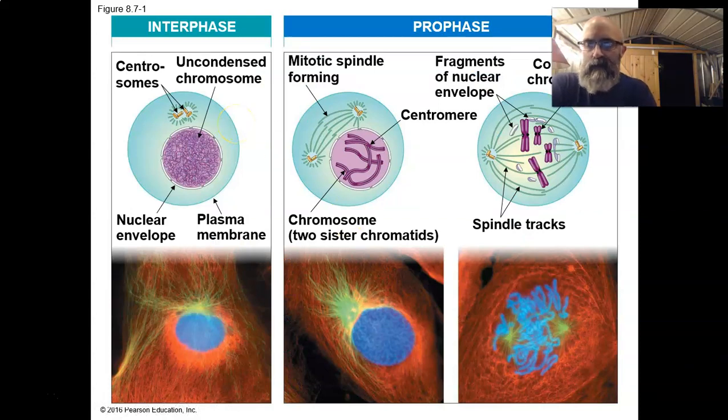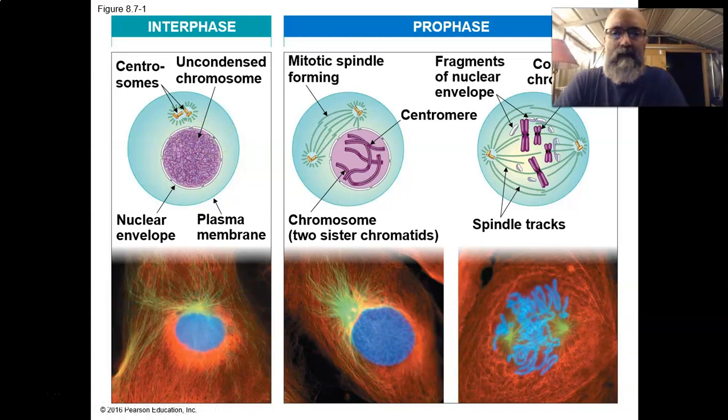Here we go. First thing that needs to happen, okay, we see here's our plasma membrane. Here's our nucleus, right? There's those little nuclear pores that we looked at in transcription and translation. Inside of the nucleus, we see DNA in that decondensed form. Most of the time a cell is in this stage, interphase. Interphase is when a cell does its job.